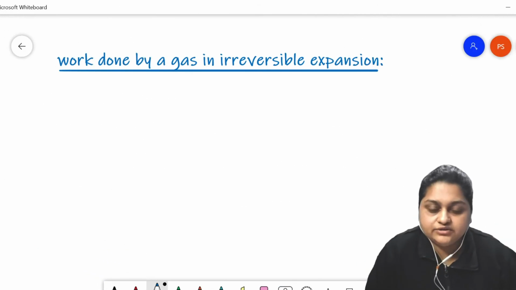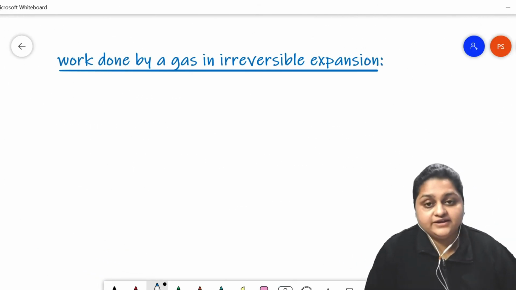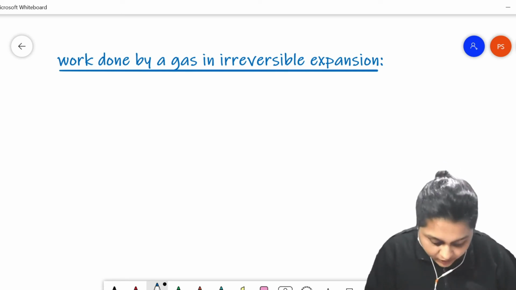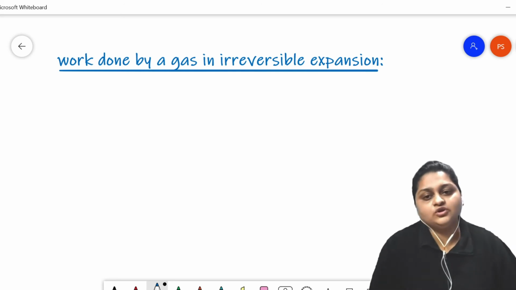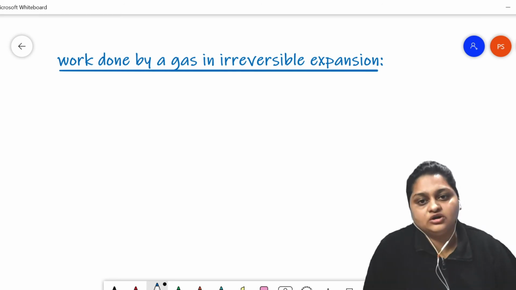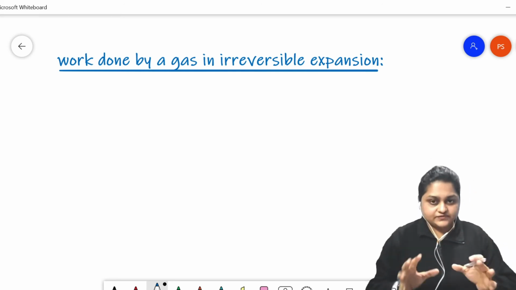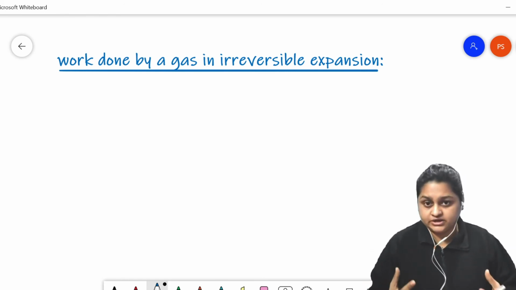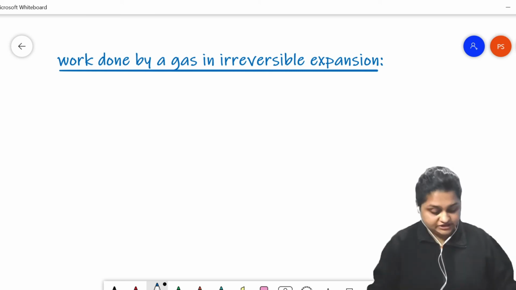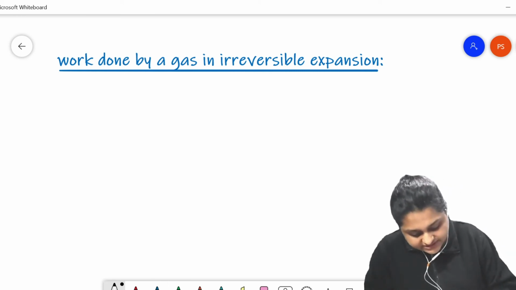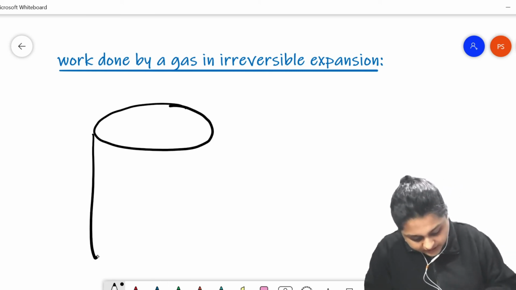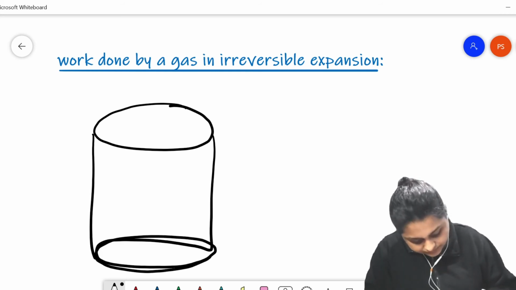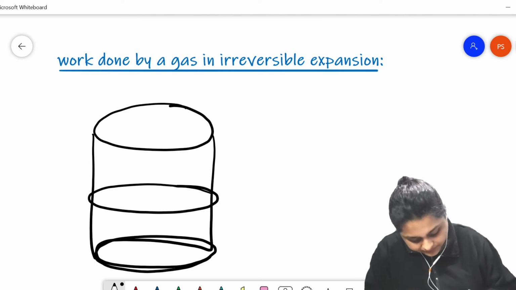We just studied the work done by an ideal gas in an isothermal reversible expansion. Now, work done can also occur in an irreversible expansion. Let's first study how pressure volume work is done in an irreversible expansion condition. Now, this is the beaker in which the gas is enclosed. This is the gas.